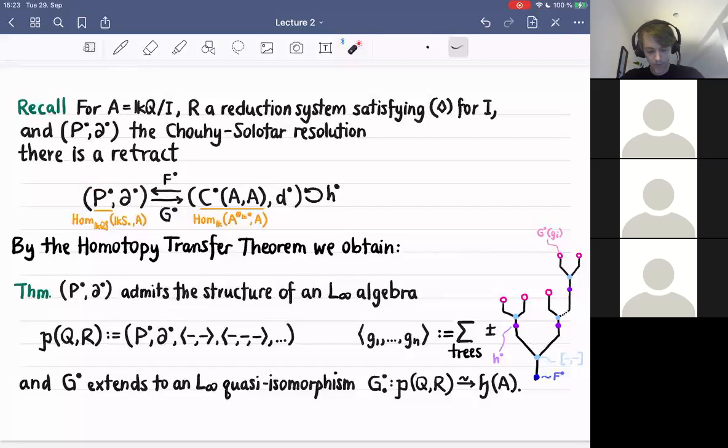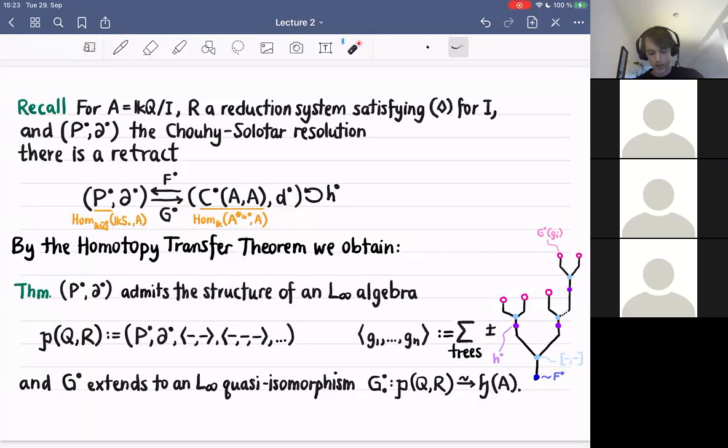And then we can use the construction used in the homotopy transfer theorem to transfer the higher structure that's on this complex here to the smaller complex.